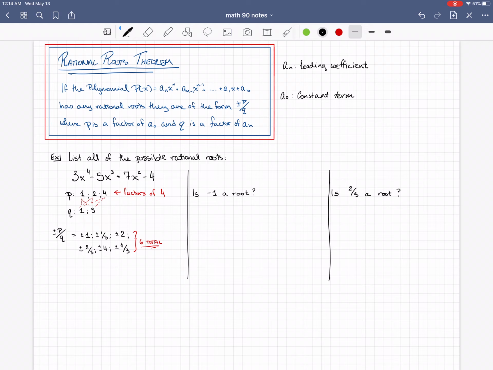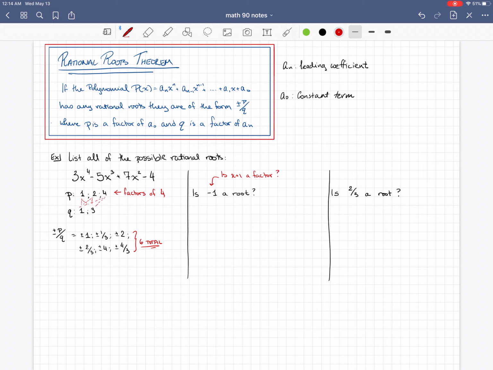All right, so remember, checking to see whether -1 is a root is the same as asking, is x plus 1 a factor? So I'm not going to write this every time, but what we're saying here is, if I divide 3x to the fourth minus 5x cubed plus 7x squared minus 4 by x plus 1, do I end up with remainder 0?